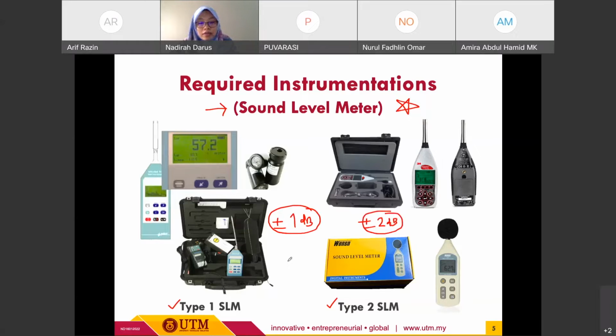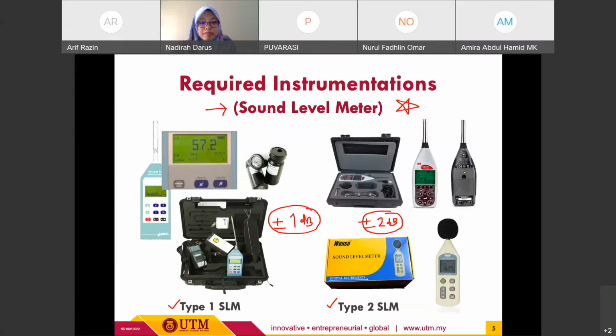Okay, satu, and then the other difference is that dia relates kepada types of the parameter ataupun types of the measurement that being captured by each of these instruments. Okay, for example, type 1 dia macam satu alat yang very comprehensive. It provides detailed information.